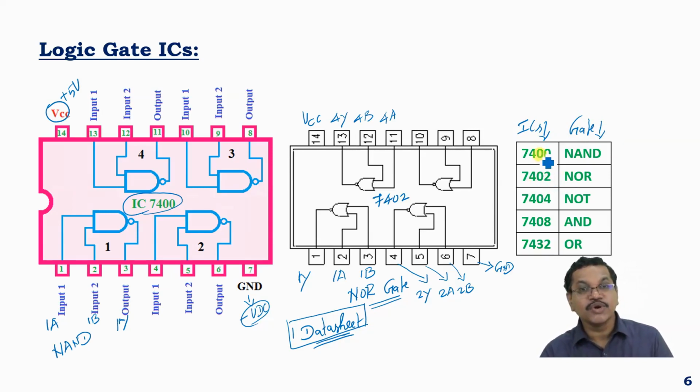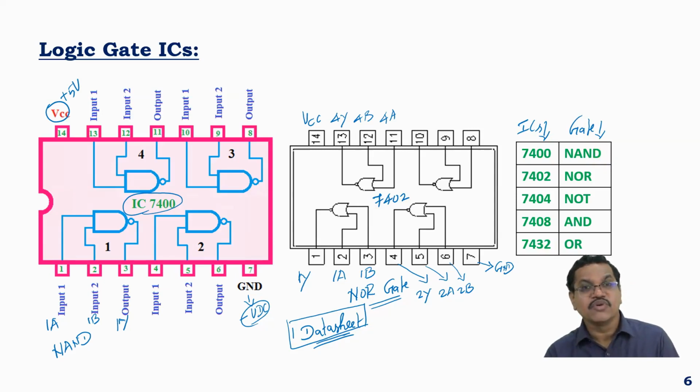IC 7402 corresponds to NOR gate, 04 corresponds to NOT. 7408 is AND, and 7432 corresponds to OR gate. There are other functions as well, XOR gate, those things I am not handling, because you may have to deal only with these 5 basic gate logics. So that is enough. So remember the IC number and the particular gate logic which they correspond to.